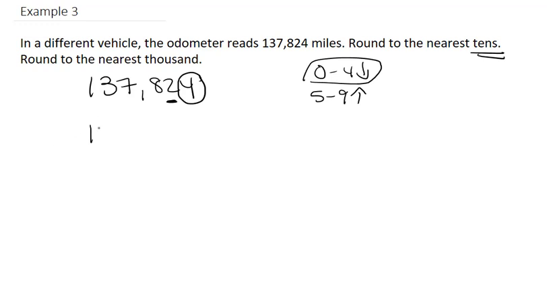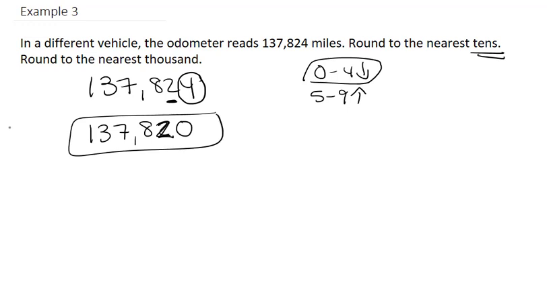And then we actually just keep the 2 because the nearest tens spot would be 20. And then anything after the 2, we change to 0. So this is for the tens.